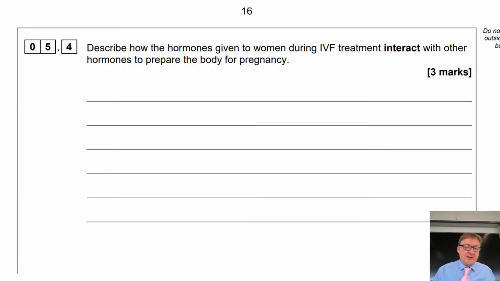5.4, there's a table here, so let's have a look at the table. Describe how the hormones given to women during IVF treatment interact with other hormones to prepare the body for pregnancy. The hormones we're talking about are FSH and LH, follicle stimulating hormone and luteinizing hormone.